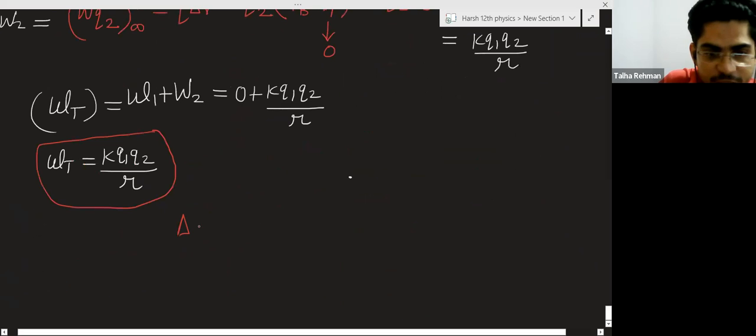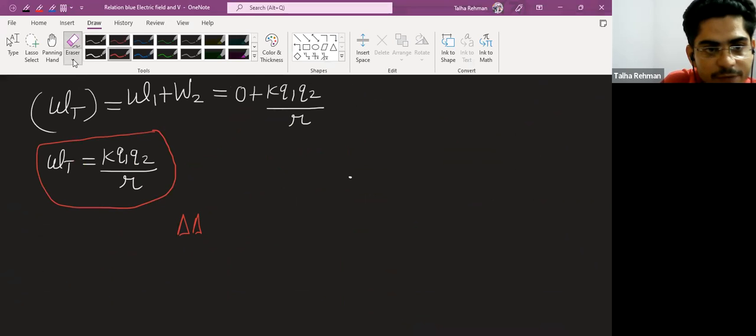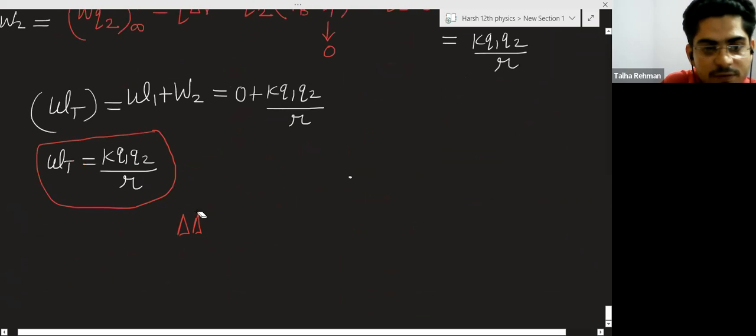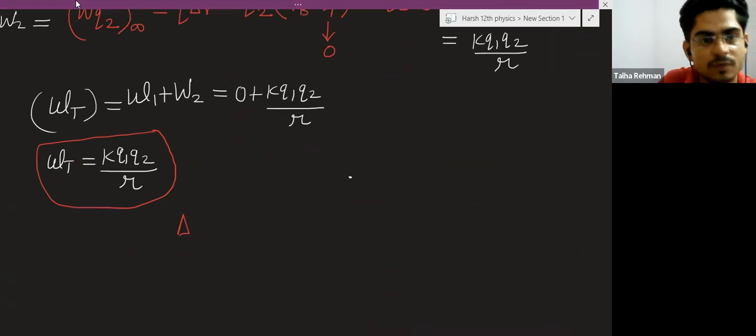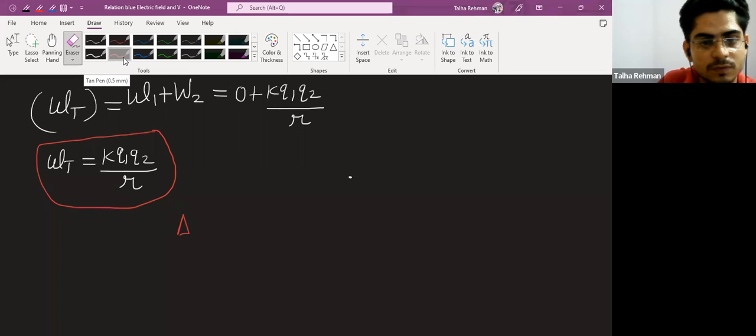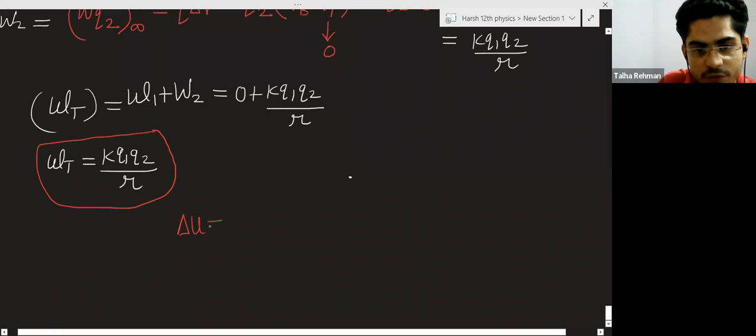So change in potential energy is equal to total work done, as we have already discussed.